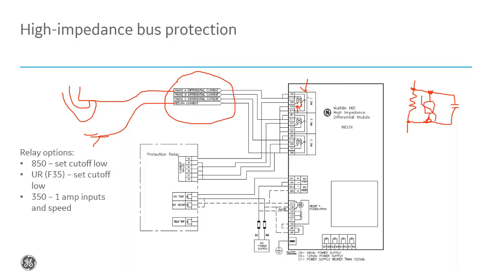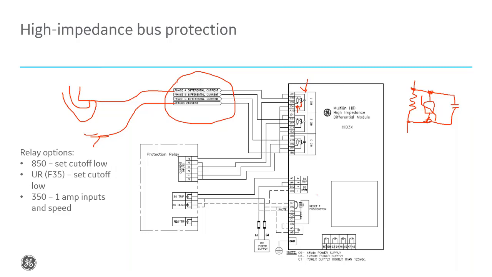What that lockout relay does is, when you trip for your differential, not only should you trip a lockout that trips the breakers, but you also trip a lockout in the HID module, which will close that contact, which bypasses the current through the resistor.